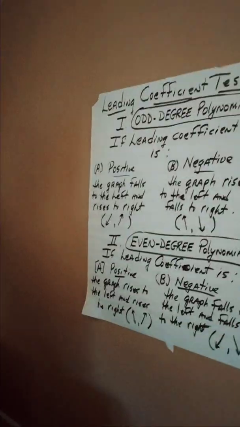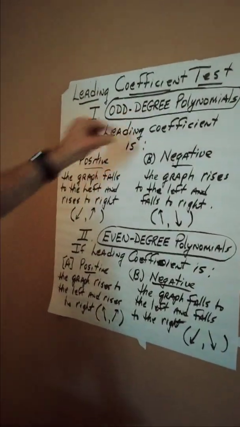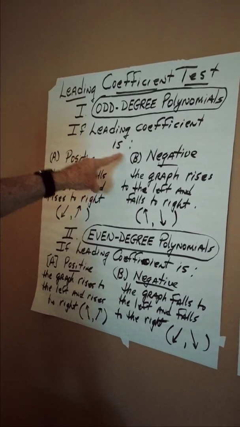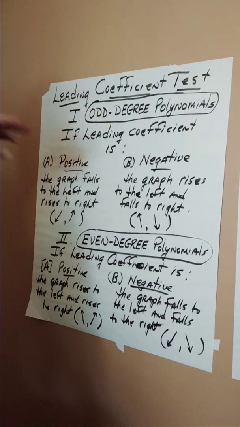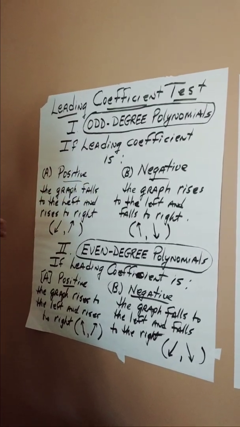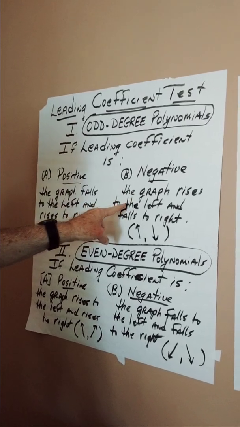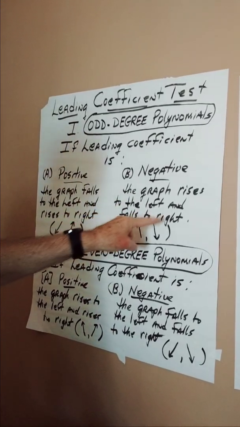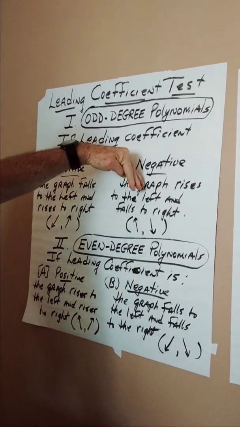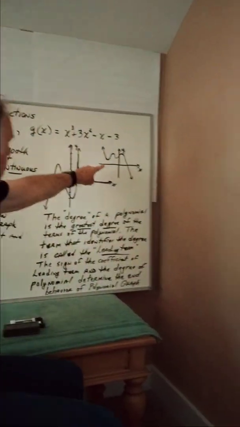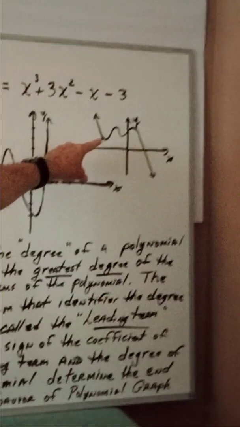Now you're not going to have the picture. We'll have to know the rule. If it's an odd degree polynomial and the leading coefficient is negative, odd degree, negative coefficient, the graph will rise to the left and it will fall to the right. Over here, if we can just look at this one, I don't have the picture, but I can do this.